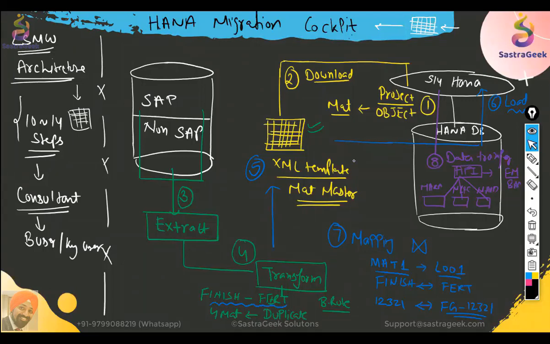All of the XML templates for your HANA migration cockpit, for all of the objects related to master data and transactional data, where we need to create the open transactions, would be available with the HANA migration cockpit out of the box.